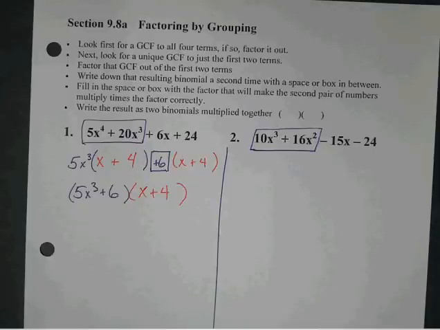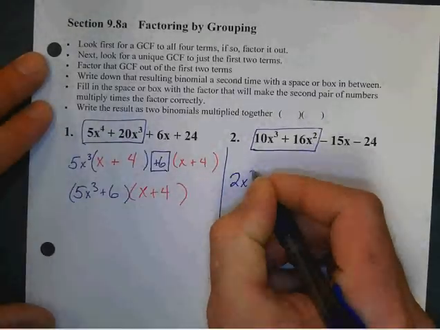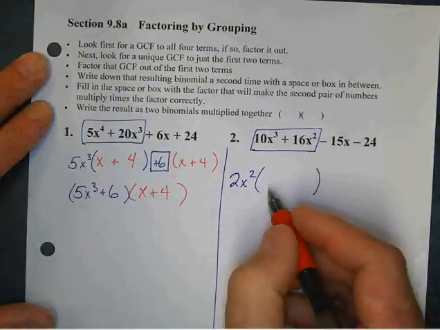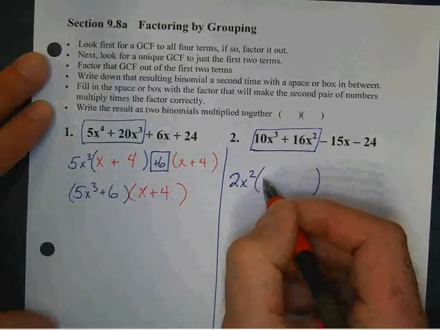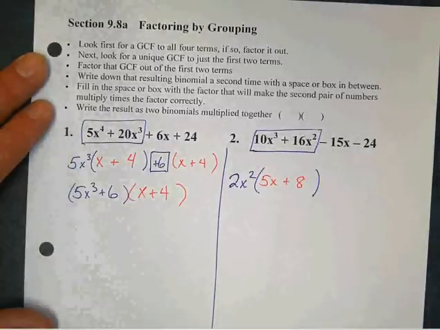Good. Now, that times what is 10x cubed? All right, most of you are doing well. I'm seeing a GCF written down as 2x squared. Kyle, what did you put on the inside? 5x plus 8. Excellent job, Kyle.